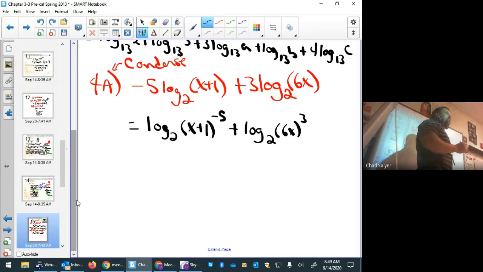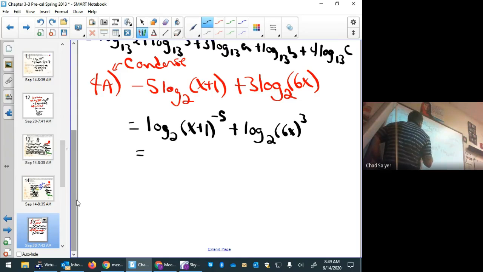A lot of people would write this as 6x cubed. It's not, it's 6 cubed x cubed. So be careful: when you have the power of a product, the power goes to both factors. So it's 6 cubed x cubed. All right, so there's log base 2, and I'm going to rewrite this like so.